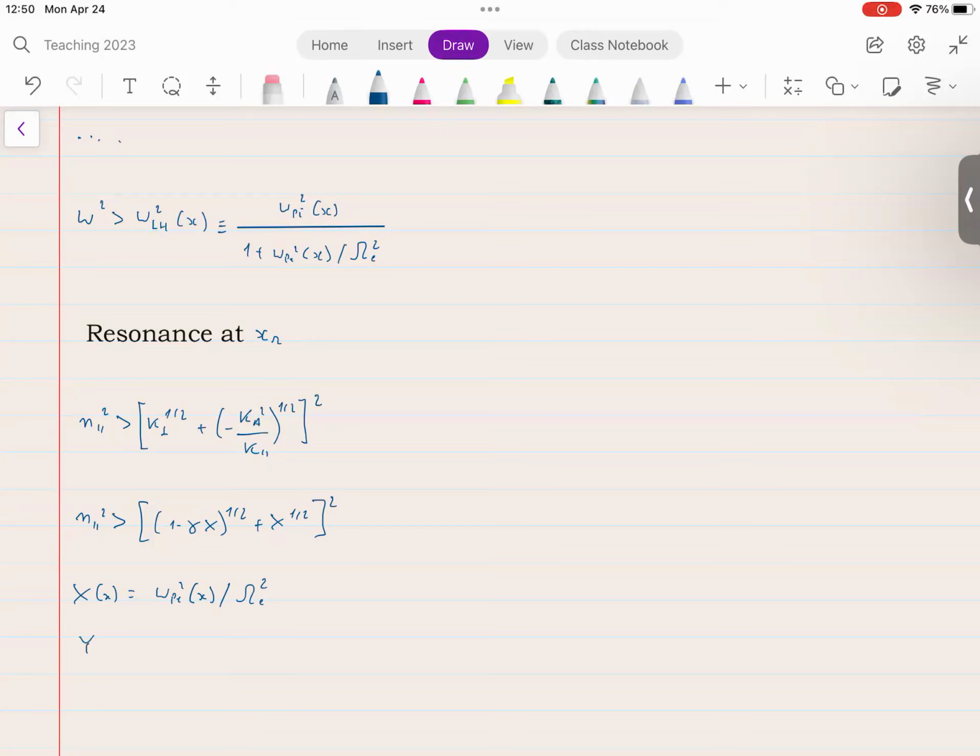Big Y is omega square over omega e times omega I, and gamma is 1 minus y over y.